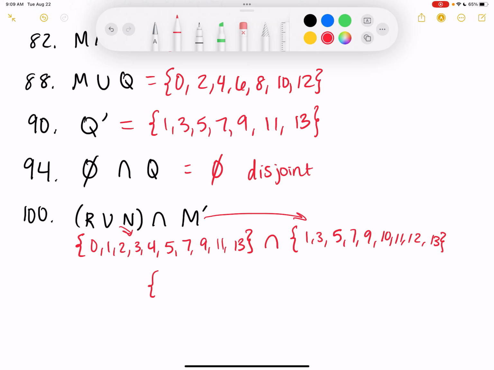What numbers are in both? Yep. 1, 3, 5, 7, 9, 11, and 13.